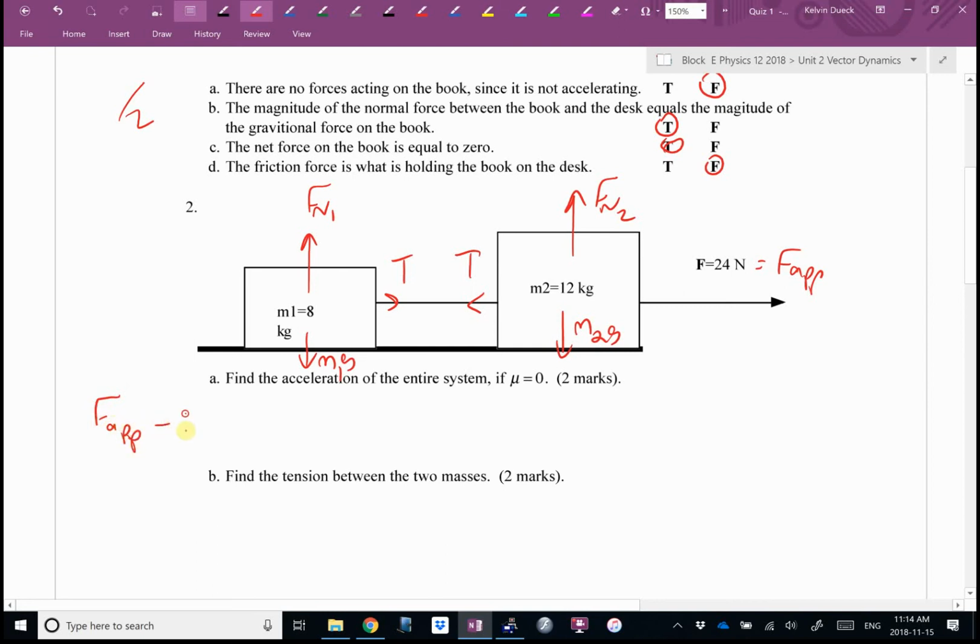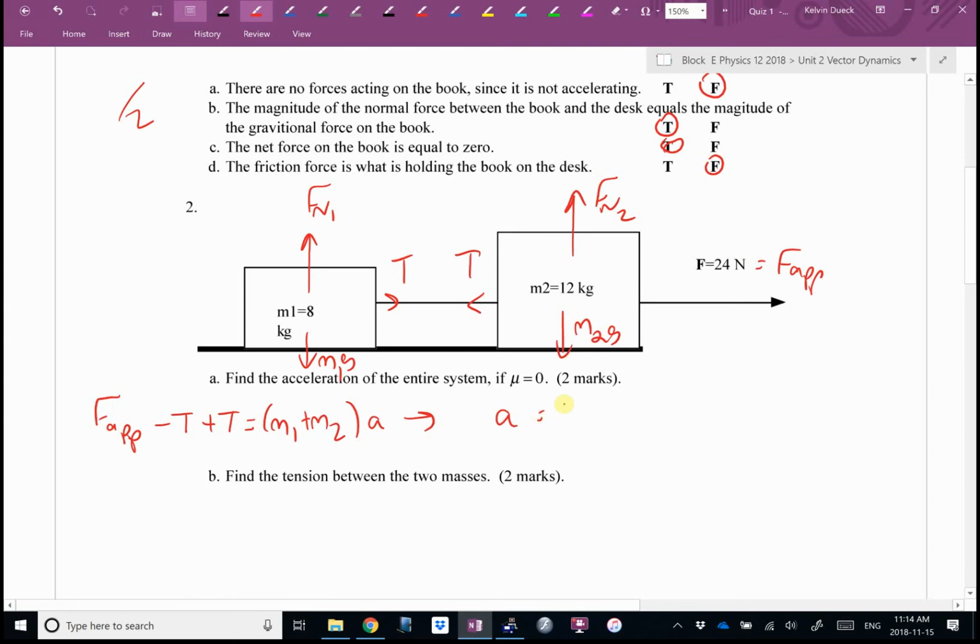And then I have minus tension plus tension. Does m1g show up in this equation? I'm just writing forces along the rope. m1g won't show up unless I introduce friction, because friction is affected by the mass and gravity. So for now, I have F applied minus tension plus tension equals m1 plus m2 times A.